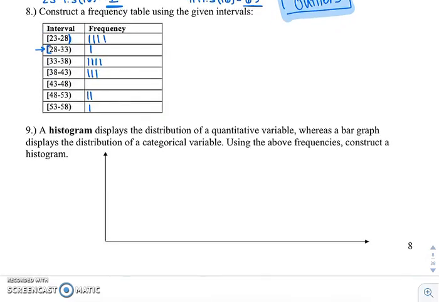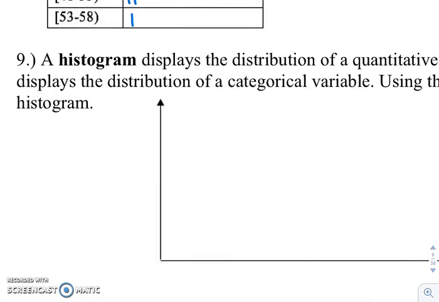So a histogram displays the distribution of a quantitative variable, whereas a bar graph displays categorical data. So since we've got numbers, we're going to use a histogram. So using the above frequencies, construct a histogram below. So what we do is put the frequencies on the side.